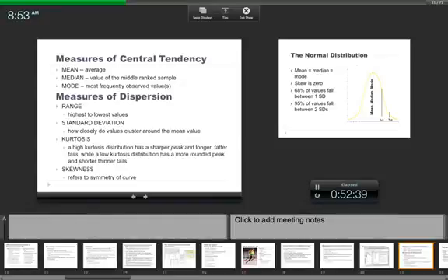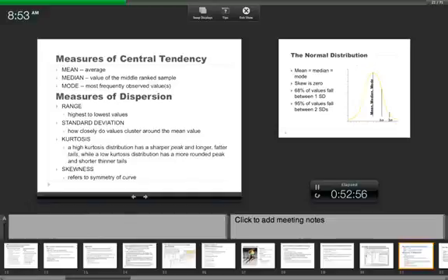So the measures of central tendency are the mean, median, and the mode. These are basic definitions, and I think all of you that have taken a statistics course would have already learned that.